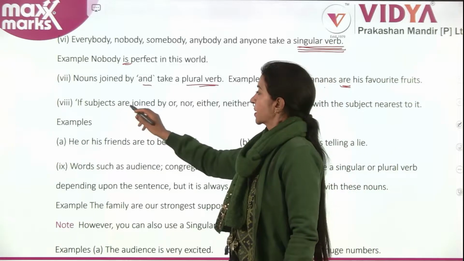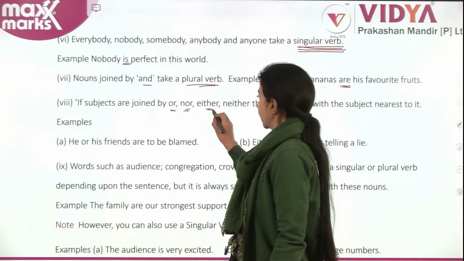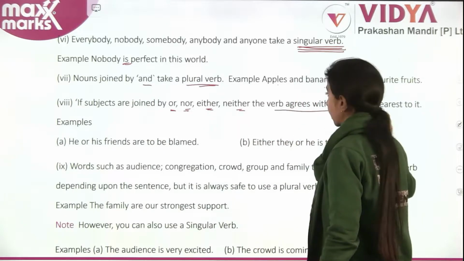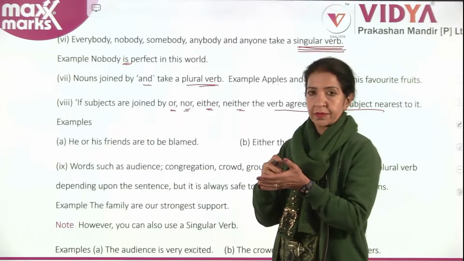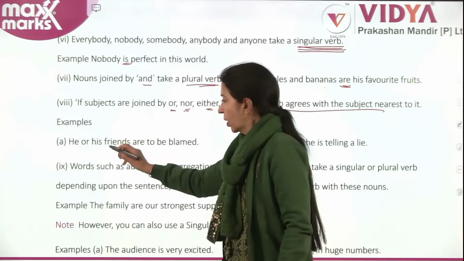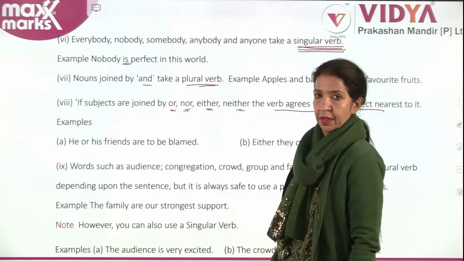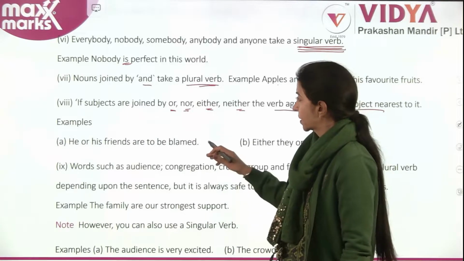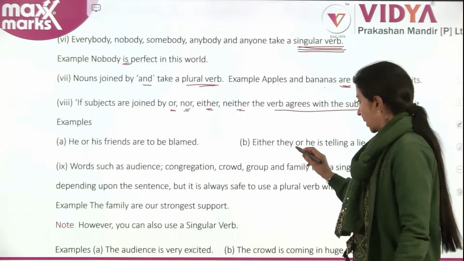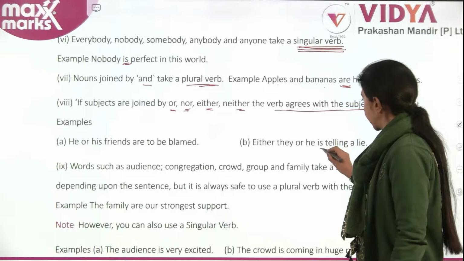If subjects are joined by or, nor, either, neither, the verb agrees with the subject nearest to it. Example: He or his friends are to be blamed. Either they or he is telling a lie.